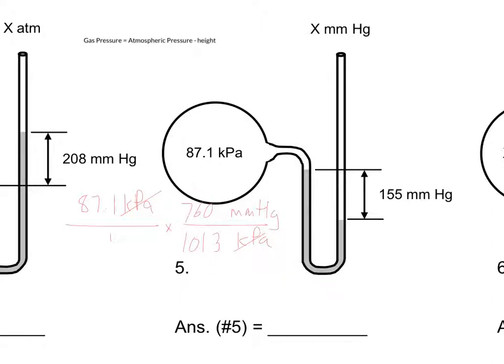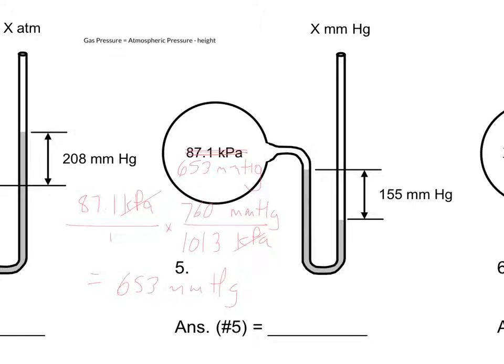When we plug this into our calculator, we get 653 millimeters of mercury. So this value here for our gas pressure is, in millimeters of mercury, 653. We can now plug these values into our equation that we have up here, and everything's in millimeters of mercury, so it should solve out correctly.